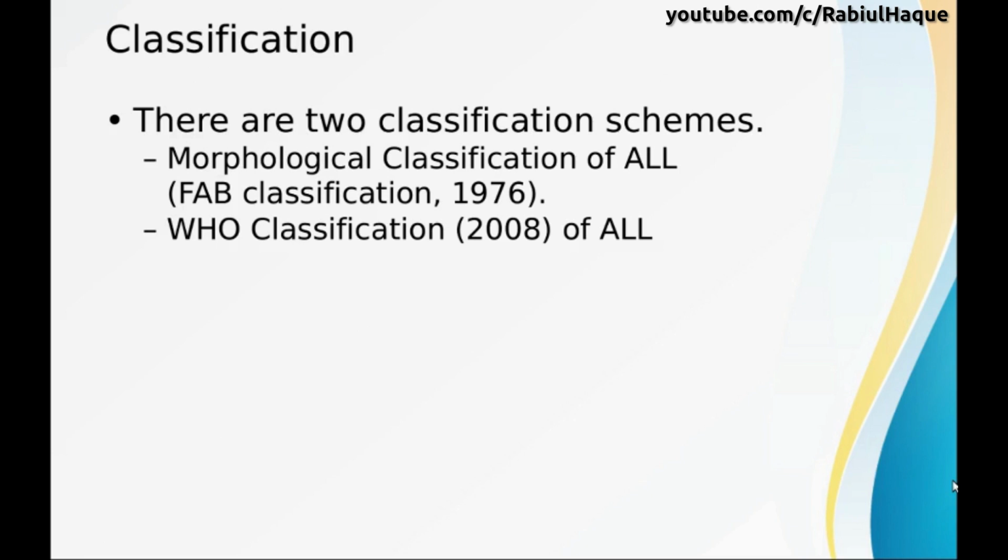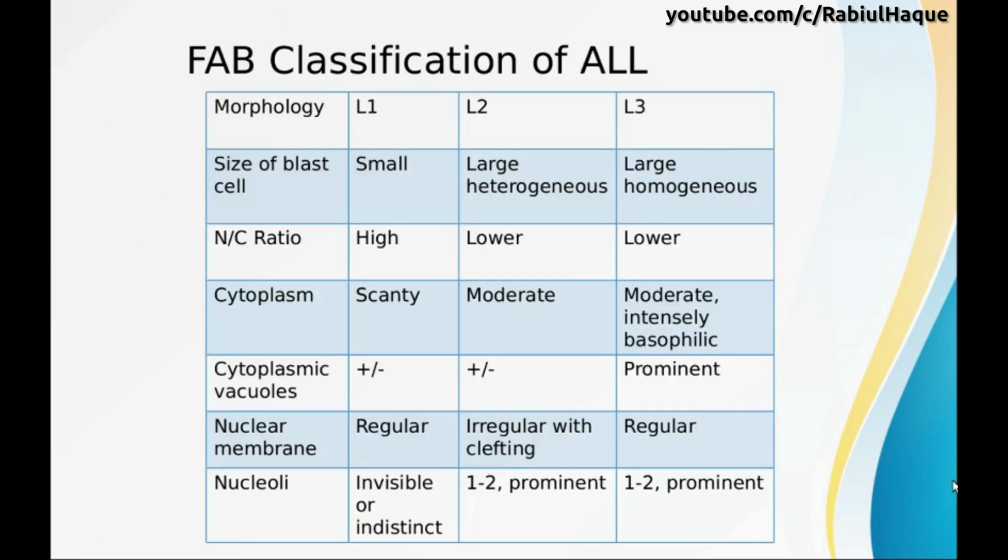The second is the WHO classification 2008, or World Health Organization classification 2008, of acute lymphoblastic leukemias or lymphomas. Let's talk about these two one by one, and first the morphological or FAB classification.